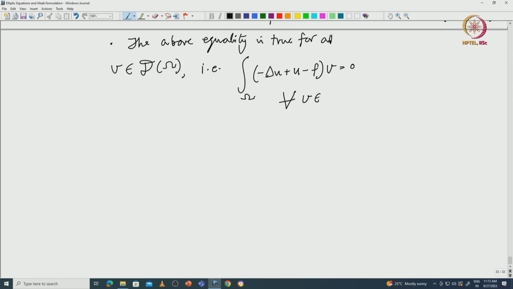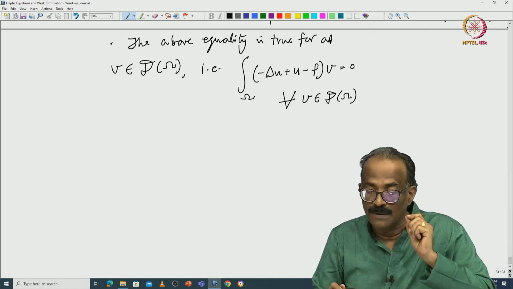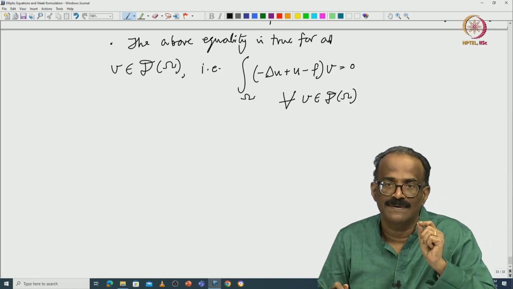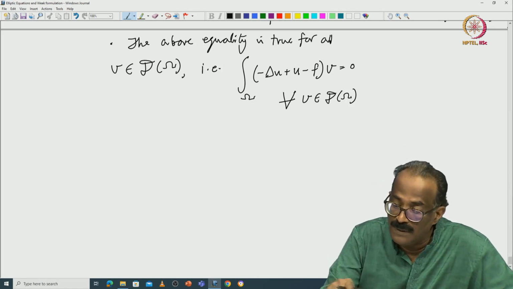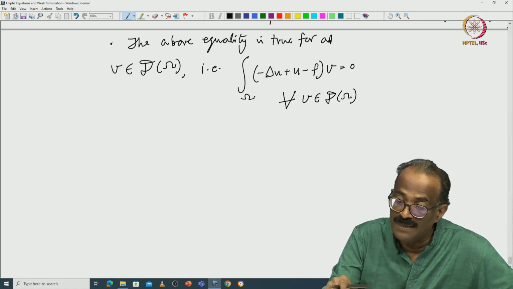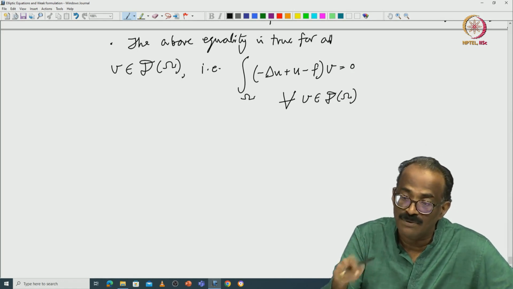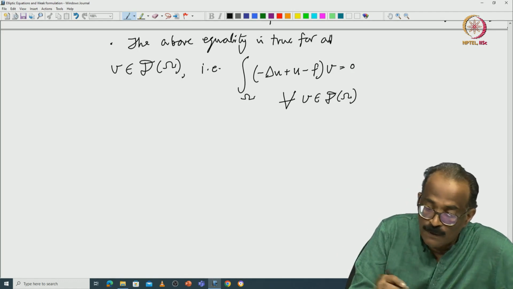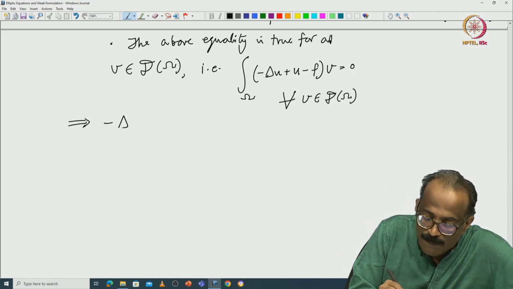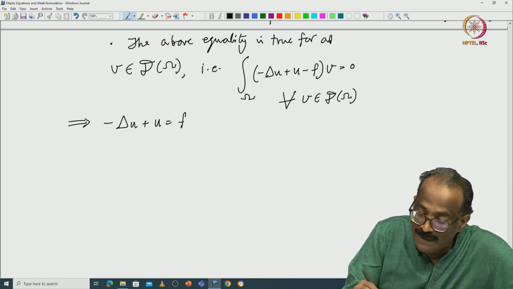So, these are the small subtleties when you work with weak formulation. You have to be very careful with the subtleties. Okay. Now, earlier you got this with H1 naught, but then the boundary condition gives it only when you take v in D of omega. So, this implies minus Laplacian of u plus u equal to f in the sense of distributions.